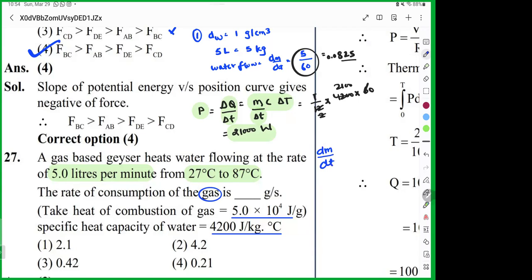If you multiply by the heat of combustion, whatever dQ heat for the given mass, it will also be equal to power. You will ask, sir, how? Simple, dm cancels. Power is equal to dQ by dt. Any doubt? Make sense? Any doubt, guys? No, sir. No, sir.